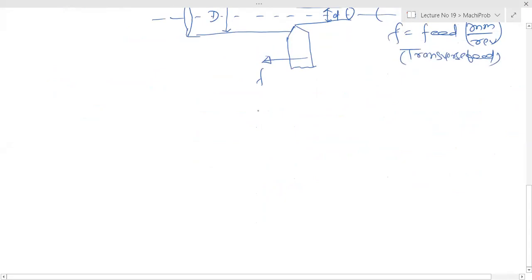You know machining time is L by F N. We have already discussed this machining time. Then volume removed.